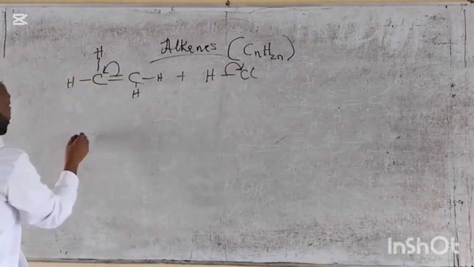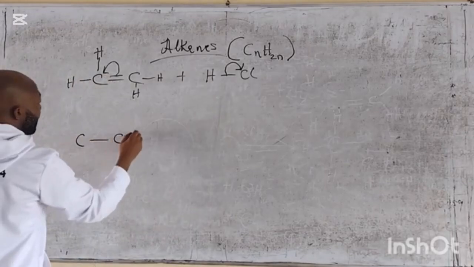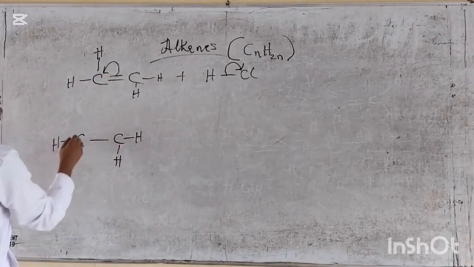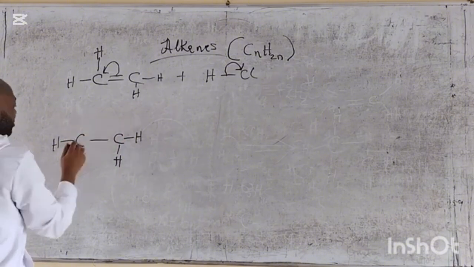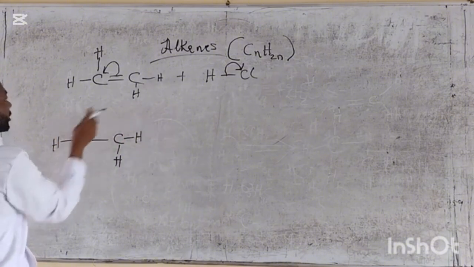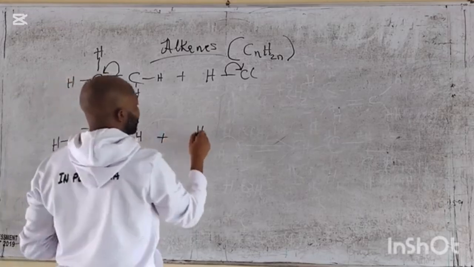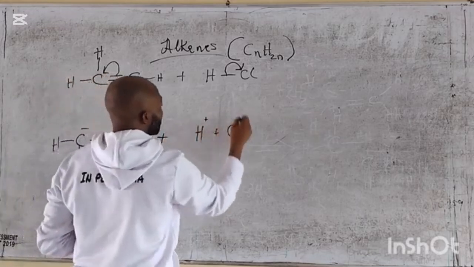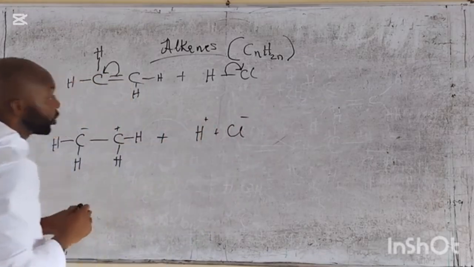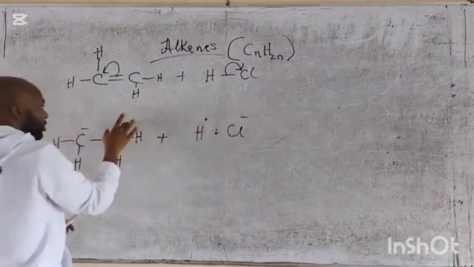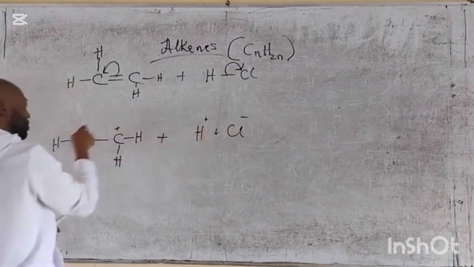So now I will have this here. Okay, let me take it down, please. This is negative because it gives out its one. This is positive. And here I have hydrogen, which is positive, plus chlorine, which is negative. And I should know that chlorine will come in here because this is negative, this is positive. And this is positive, it will come down here.